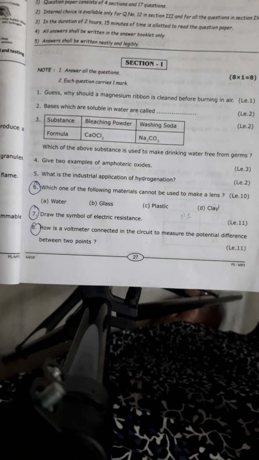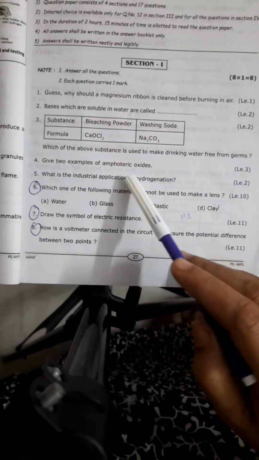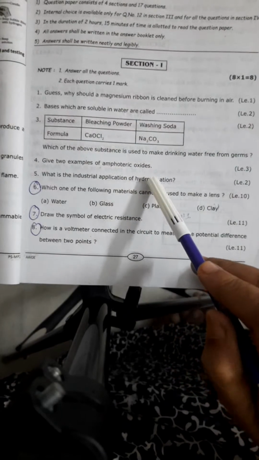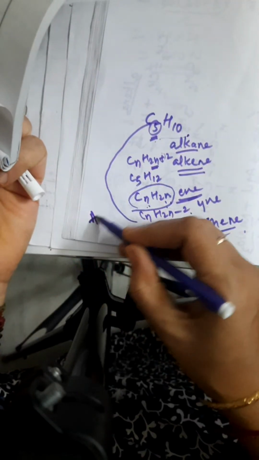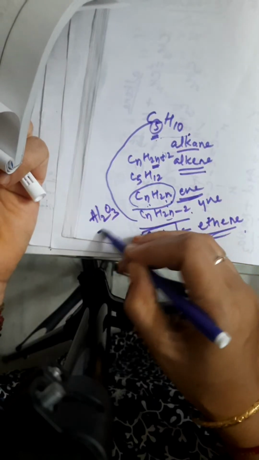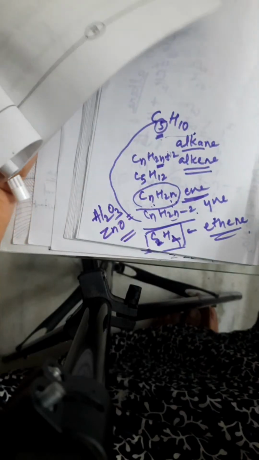That's the example of bleaching powder. Okay, the same answer you wrote. Give two examples of amphoteric oxide. One is Al2O3, the other one is ZnO. Only two amphoteric oxides are there: Al2O3 and ZnO.